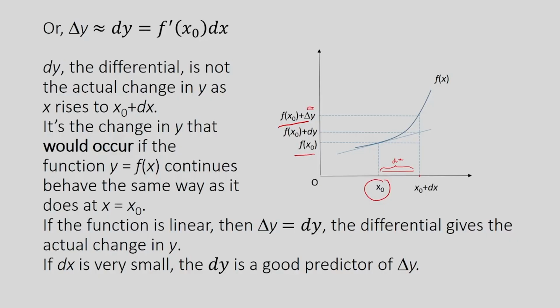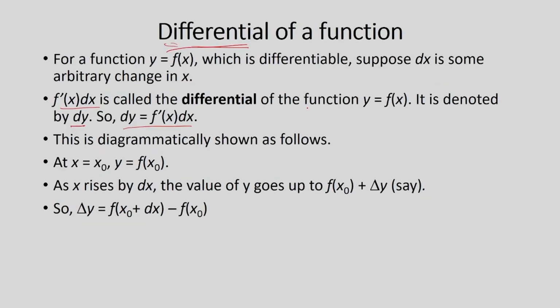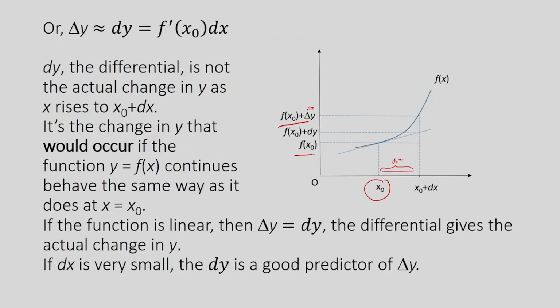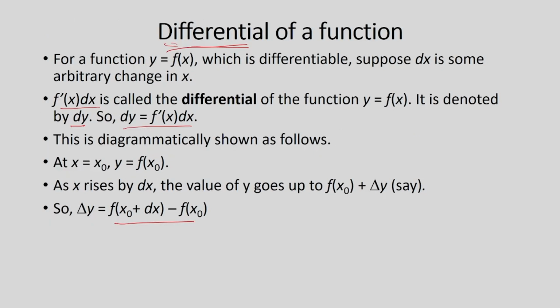So, the new value is f of x0 plus delta y. So, delta y I can straight away write as equal to f of x0 plus dx minus f of x0. That is very obvious. So, delta y is this much, and this is equal to f of x0 plus dx minus f of x0. This is what I have written here.